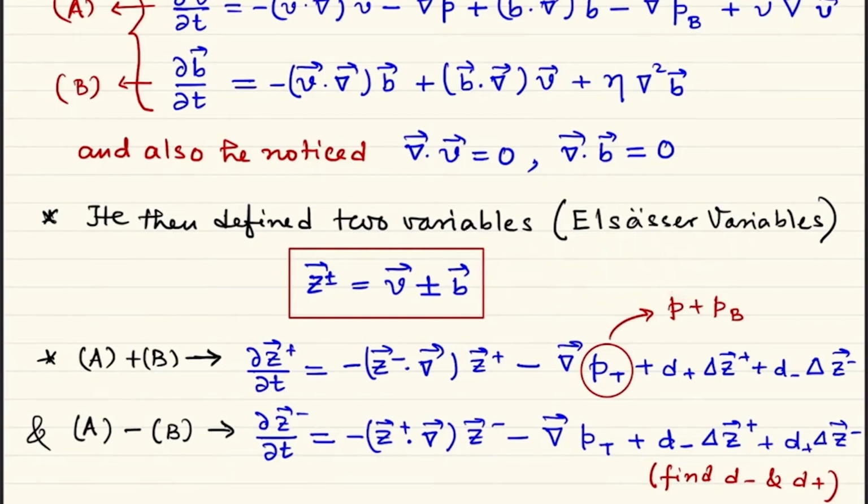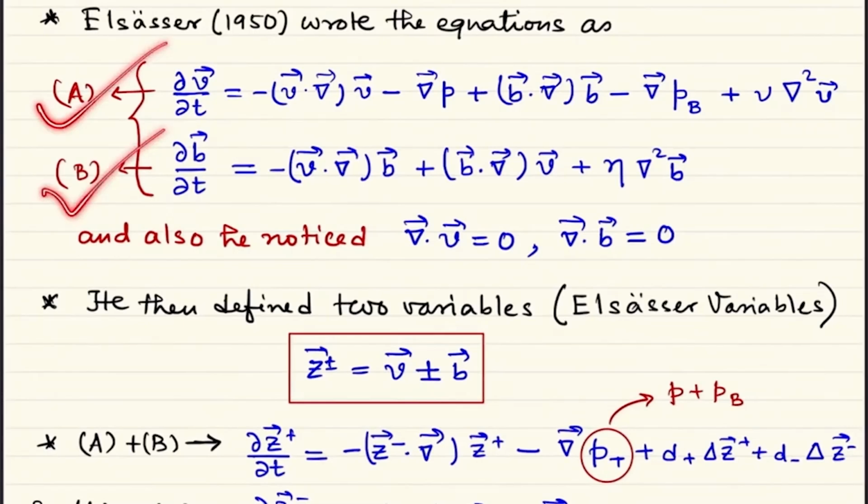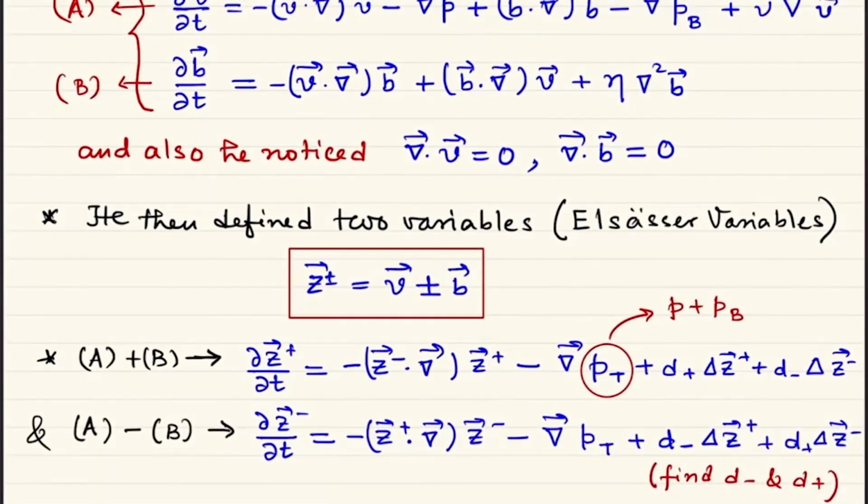Now if you add the two equations, you will get the equation for Z plus, and you will simply write ∂Z+/∂t is equal to minus Z minus dot nabla Z plus, minus gradient of P total, which is P plus PB, plus the viscous term, which is written in a fancy way.